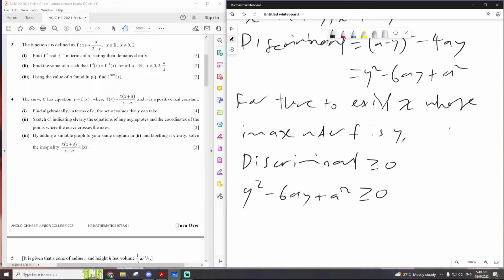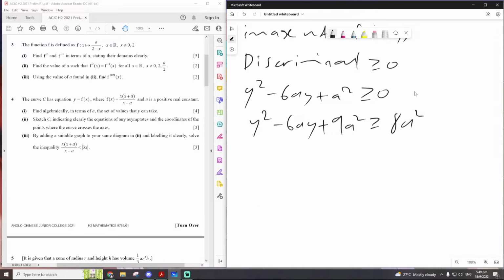And how do I make this happen? Now notice that I have 6ay here. What if this is a perfect square? That would help me a lot, right? So let's go ahead and add 8a squared to both sides. And this will give me a perfect square. In fact, this is y minus 3a squared being greater than or equal to 8a squared.